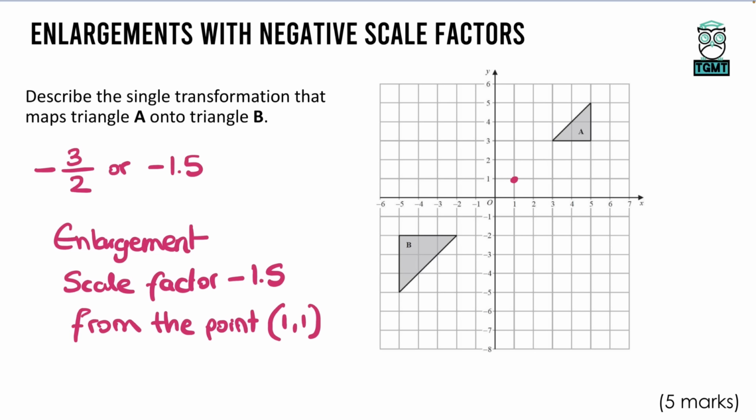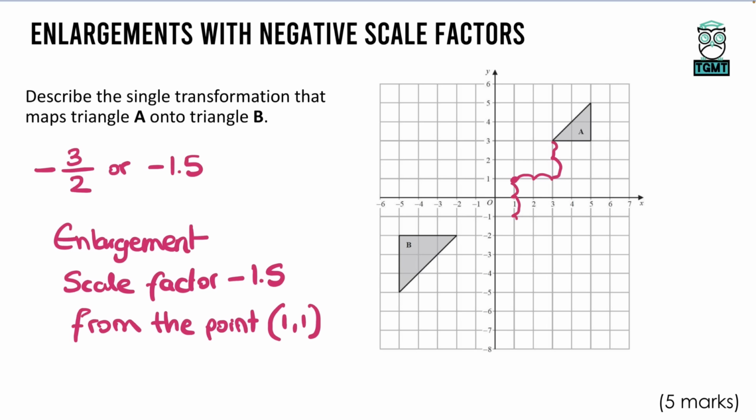Now, had it been the other way round and it had said, enlarge shape A from the point 1, 1, scale factor negative 1.5, what we do is count to the point. So this is 1, 2 down, and then 1, 2 to the left. We times that distance by 1.5, so 3 down, 3 to the left.